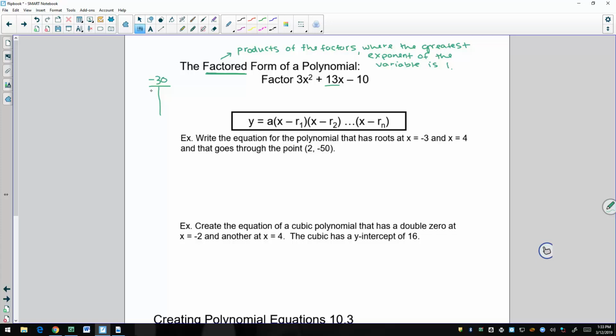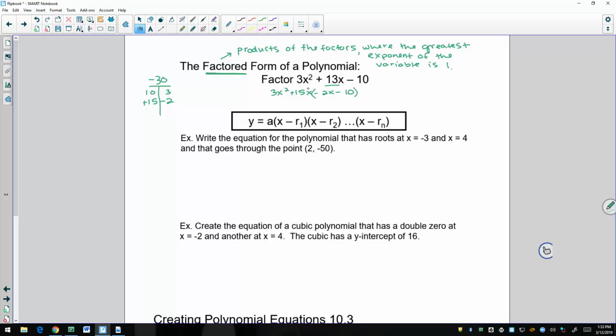Actually, no, that doesn't work. If you do 10 and 3, you can get 13 if you add them together, but you want a negative 30 when you multiply. So there is another pair. It's 15 and 2. So if you have positive 15 and negative 2, that would give you positive 13. So we rewrote this as 3x squared plus 15x minus 2x minus 10, and then we factored by grouping.